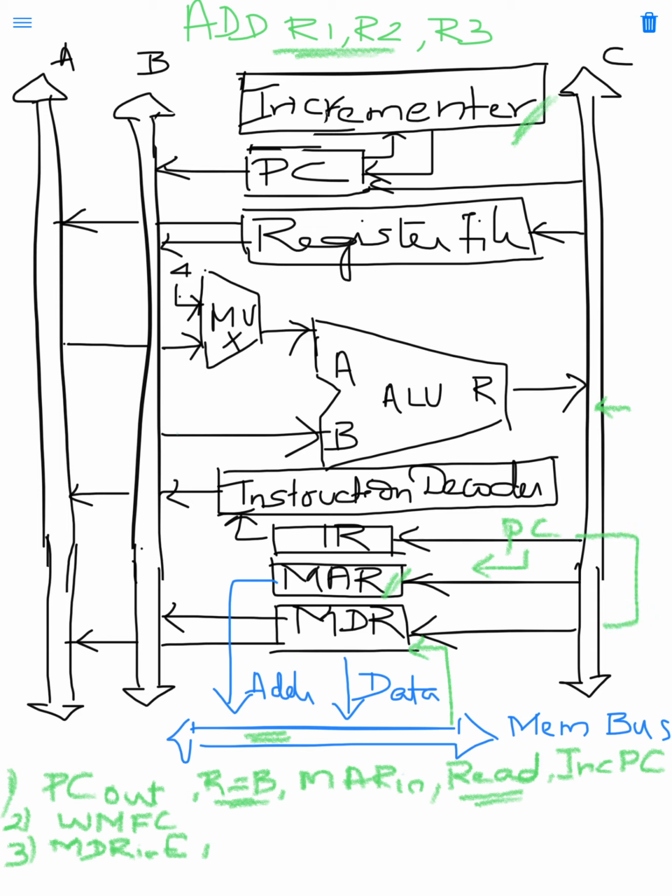After that, MDR will be having the instruction, which needs to be copied to the instruction register. Which bus do we need to make use of? We need to make use of bus B, so that first from MDR, data will be transferred to bus B, and from bus B via this ALU, it will be transferred to bus C, and then from bus C, the IR will be taking the instruction.